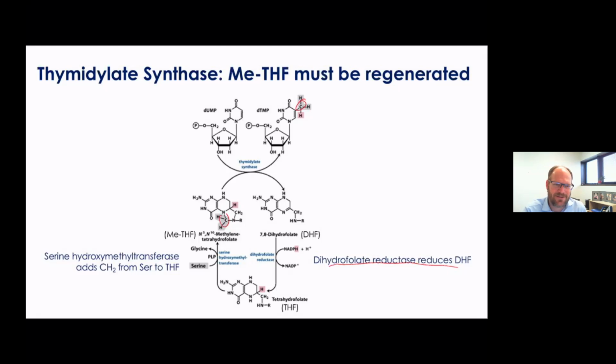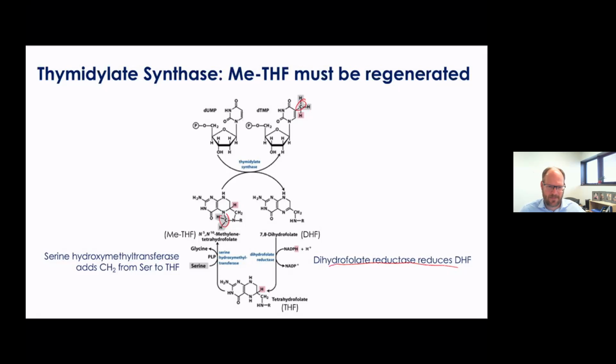So these reactions are all unique to growing cells, right? Because they're deoxyribonucleotides. So there's this two enzyme step here through serine hydroxymethyltransferase, which is where your methyl group is ultimately coming from, serine, regenerating glycine in the process. And then DHFR is the one that's providing the reducing power, taking NADPH and reducing the DHF into tetrahydrofolate.